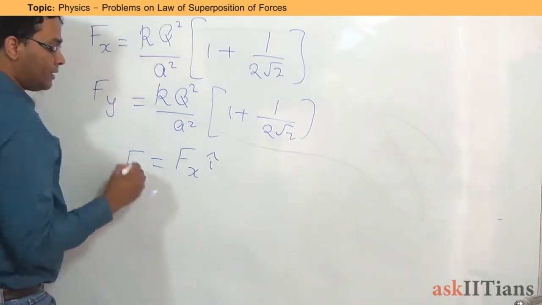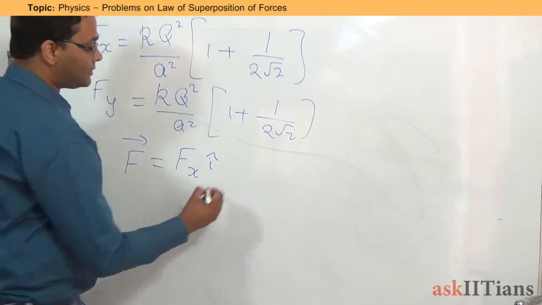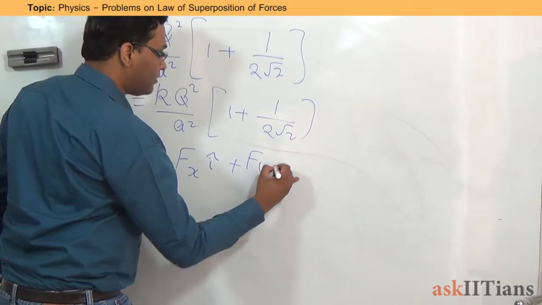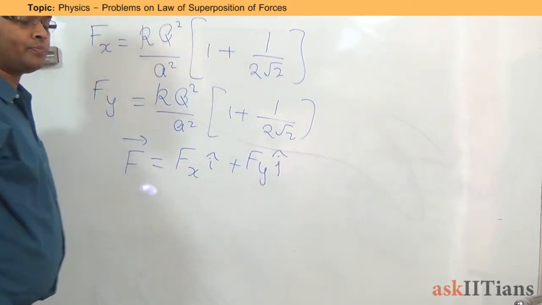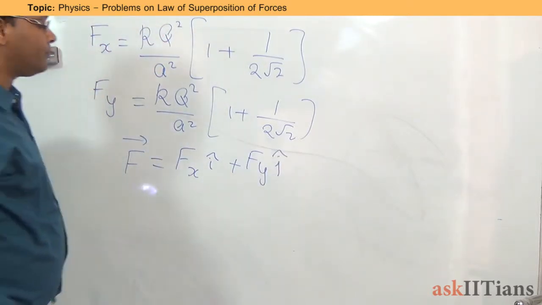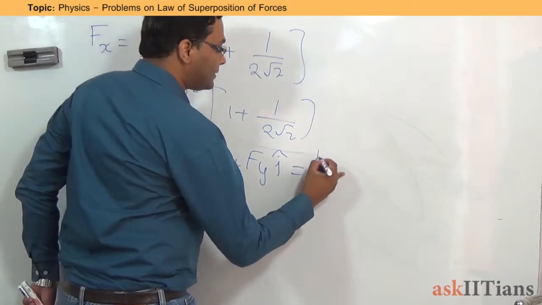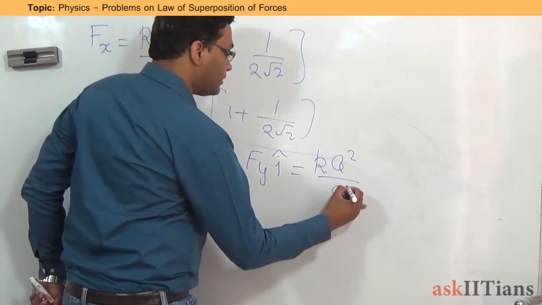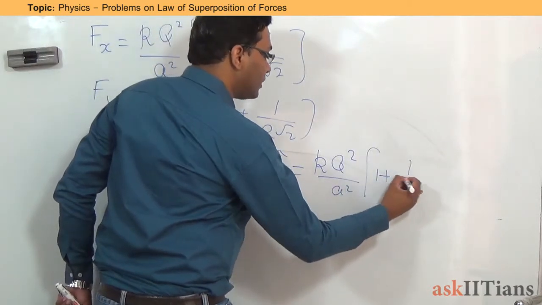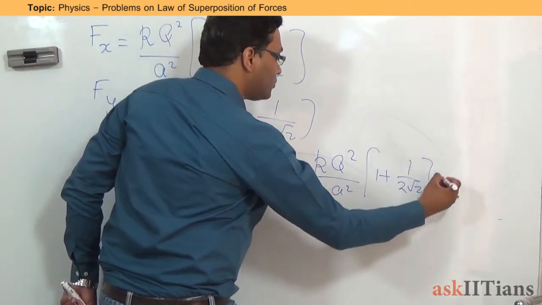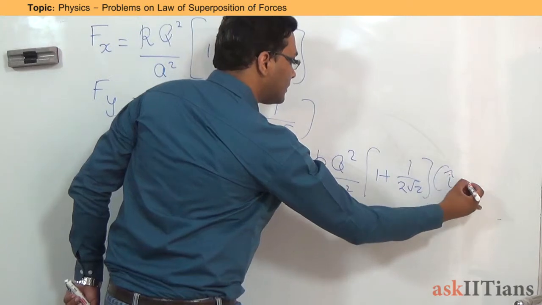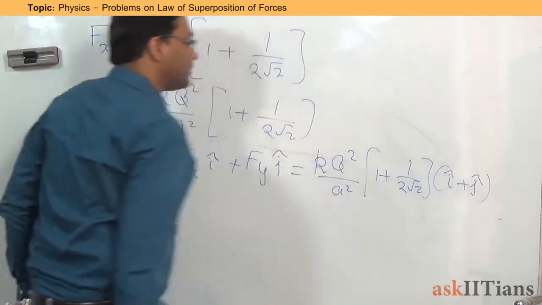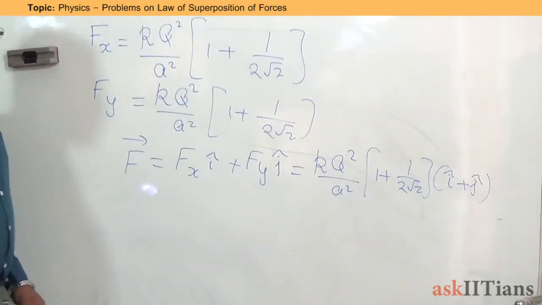So the net force, if I want to write it down, is going to be Fx with the i cap plus Fy with the j cap, right? So I can simply write this as KQ square upon A square into 1 plus 1 over 2 root 2, and here I can simply say i cap plus j cap, right?